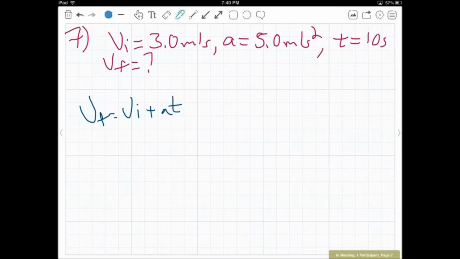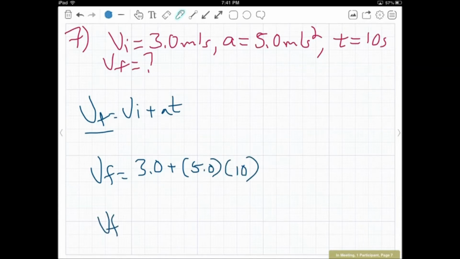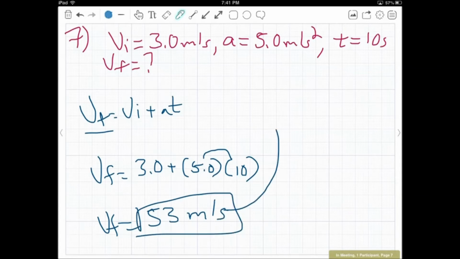Finding its final velocity, I don't need to rearrange, so I just plug in. VI is 3.0, A is 5.0, T is 10. Solving, this times that is 50, plus 3 is 53 meters per second. My units have to match these units.